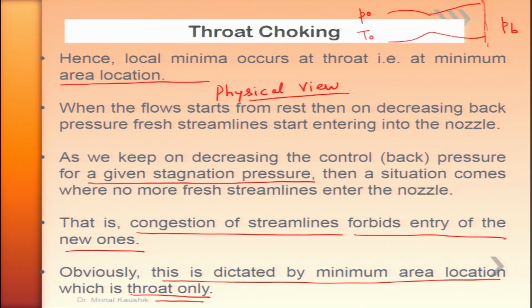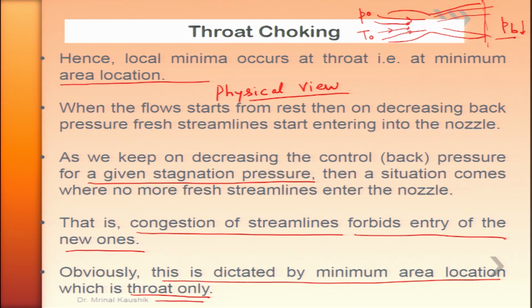However, as soon as we start decreasing the back pressure, some fresh streamlines try to enter this convergent divergent passage. If you keep on decreasing, more and more streamlines pass through and come out from the divergent portion.